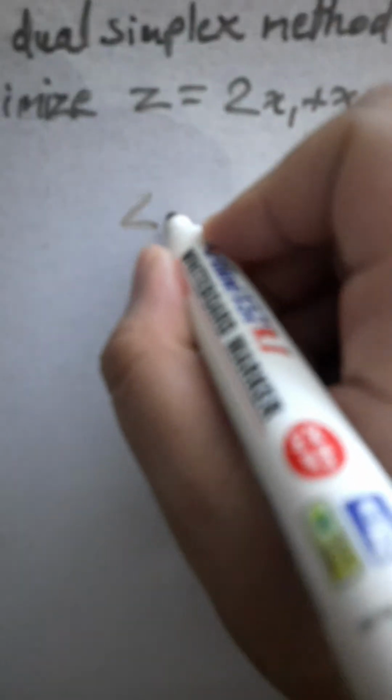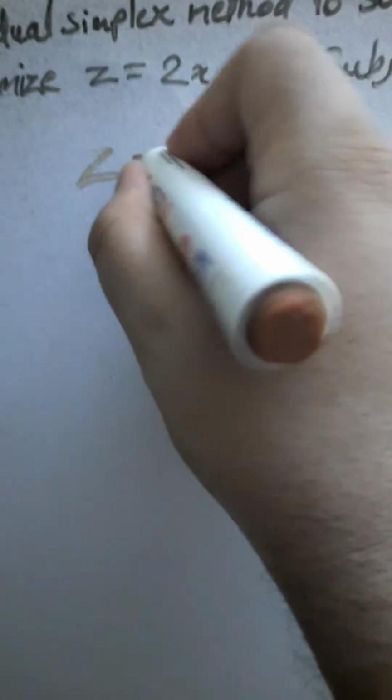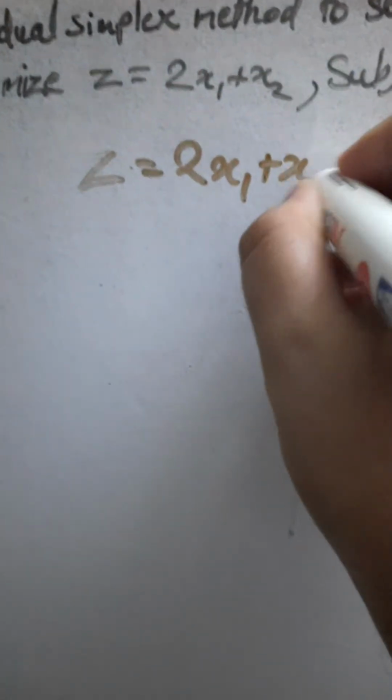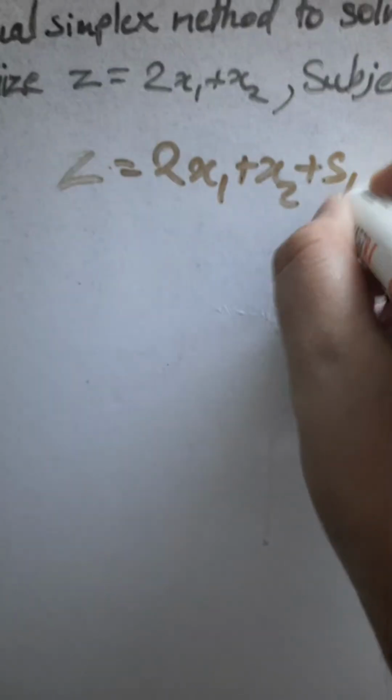By the way, I don't know what to do with the third equation, but yeah. These slack variables would be present in Z. Z is equal to 2x1 plus x2 plus s1 plus s2.